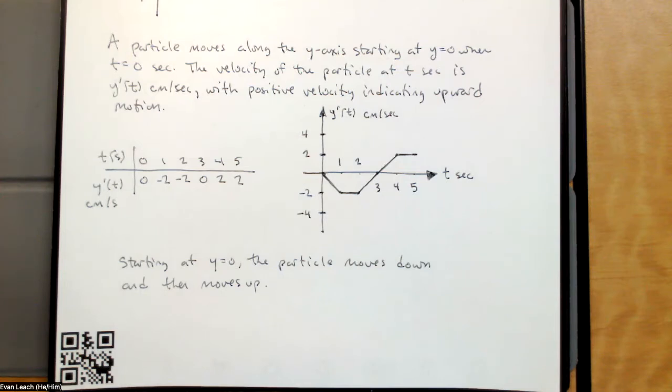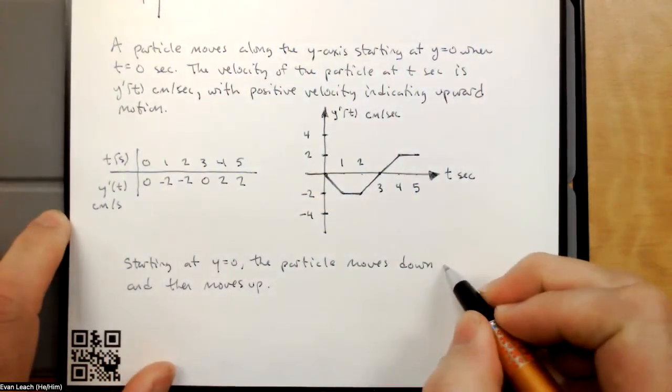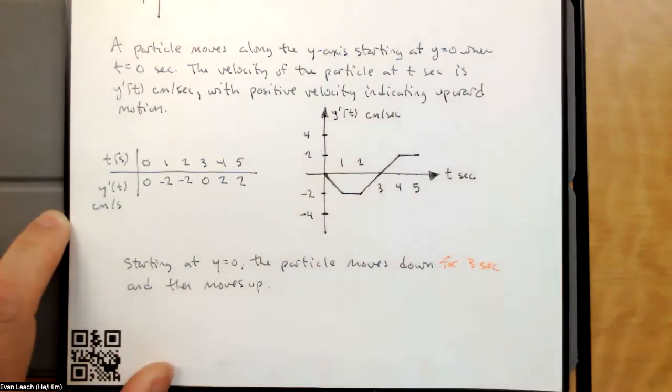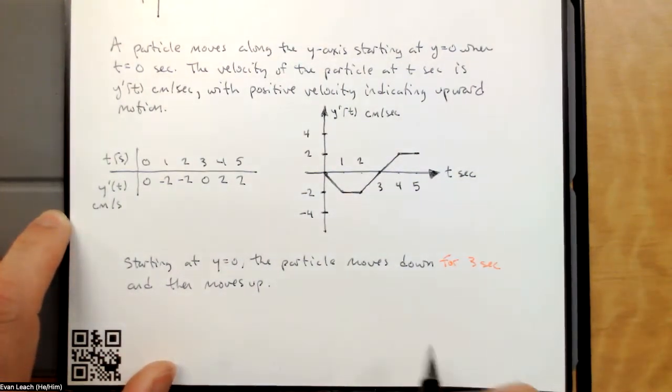We can increase the level of detail because we know for how long the particle is moving down. The particle moves down for 3 seconds, and then moves up for 2 seconds.